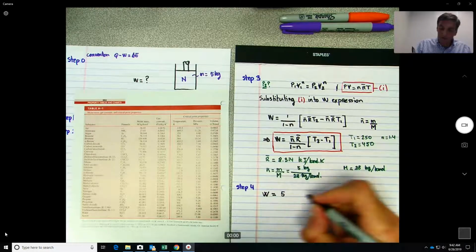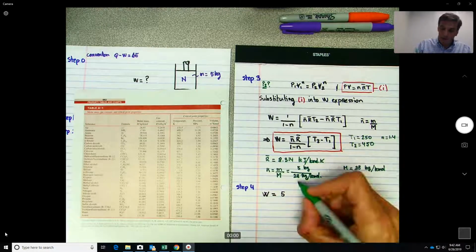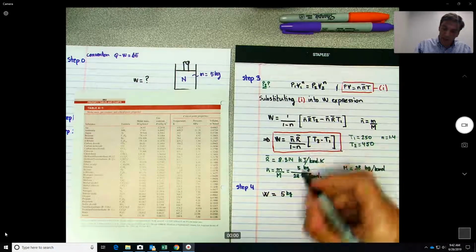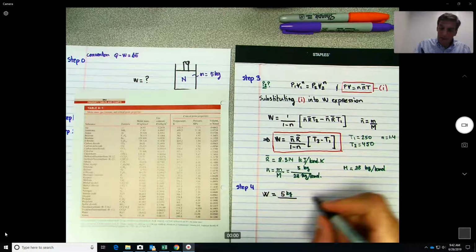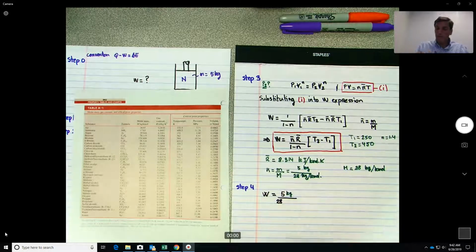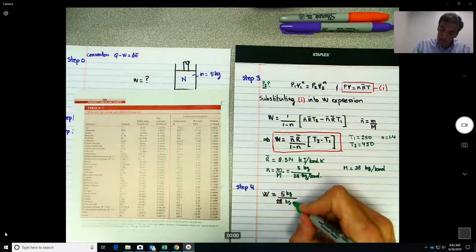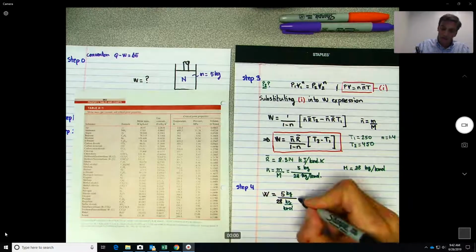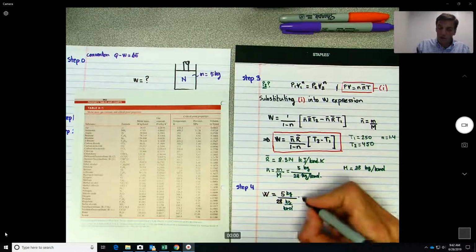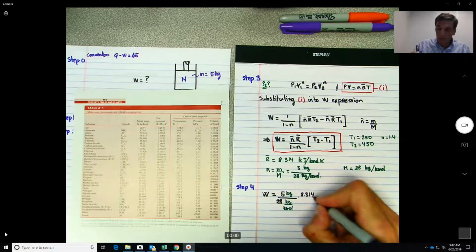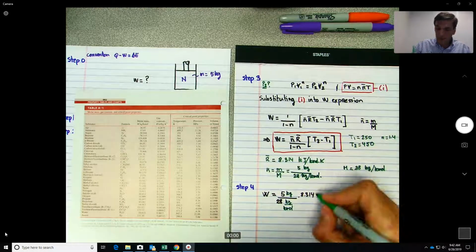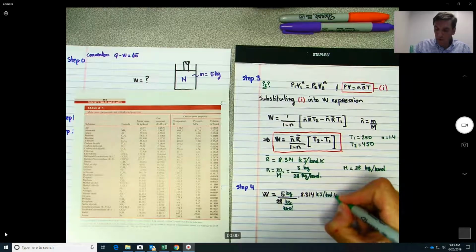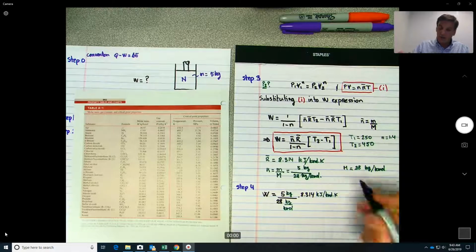That would be 5 kilograms divided by 28 kilograms per kilomole. Now I'm going to multiply by the R, which is 8.314 kilojoules per kilomole Kelvin. Okay.